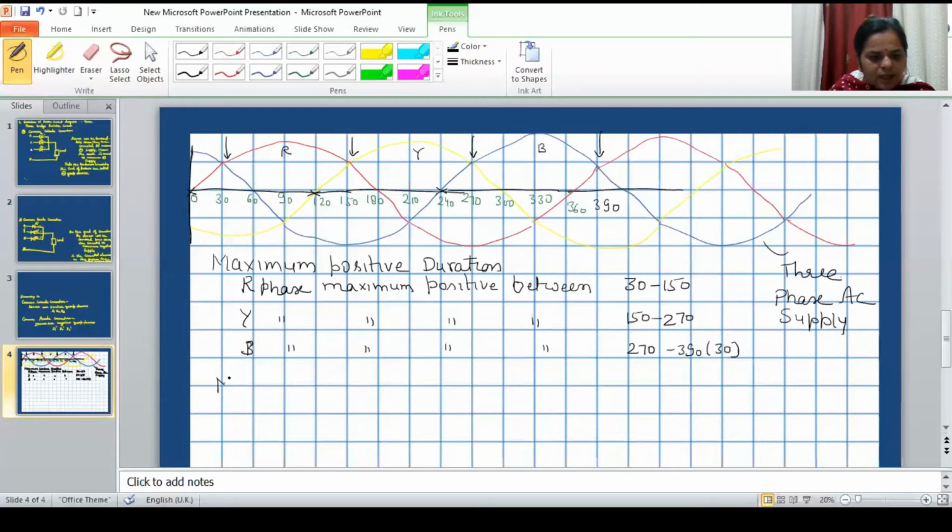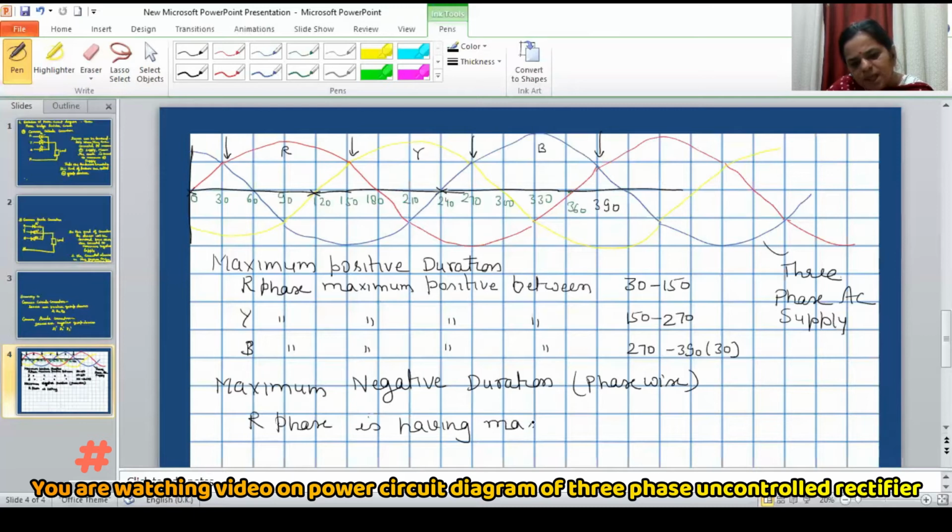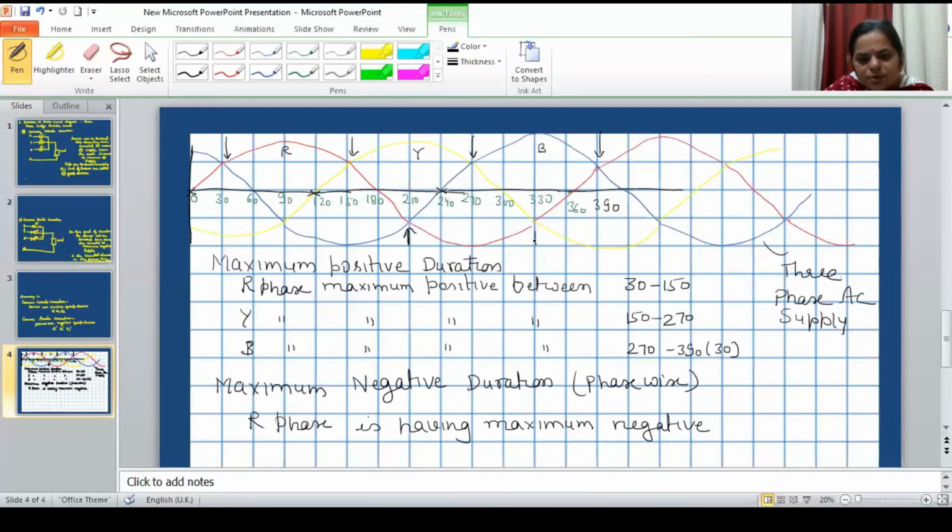Now similarly, if I observe the maximum negative duration phase wise, the R phase has its maximum negative value from 210 to 330.